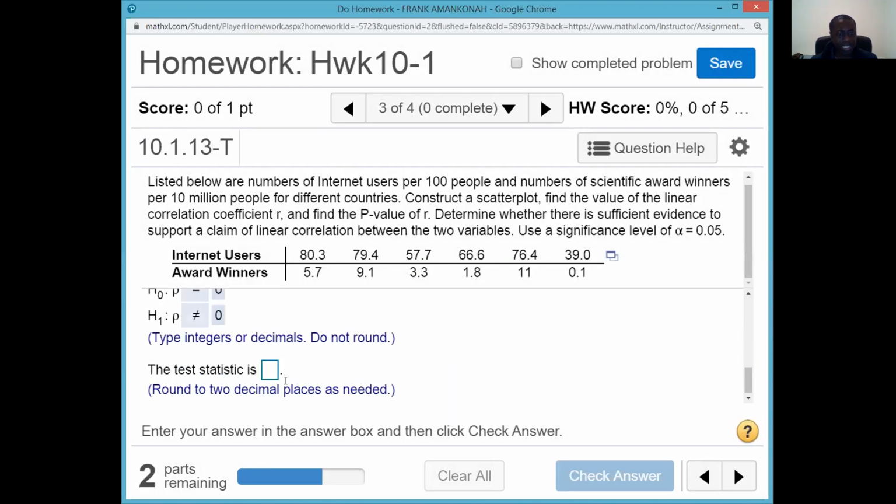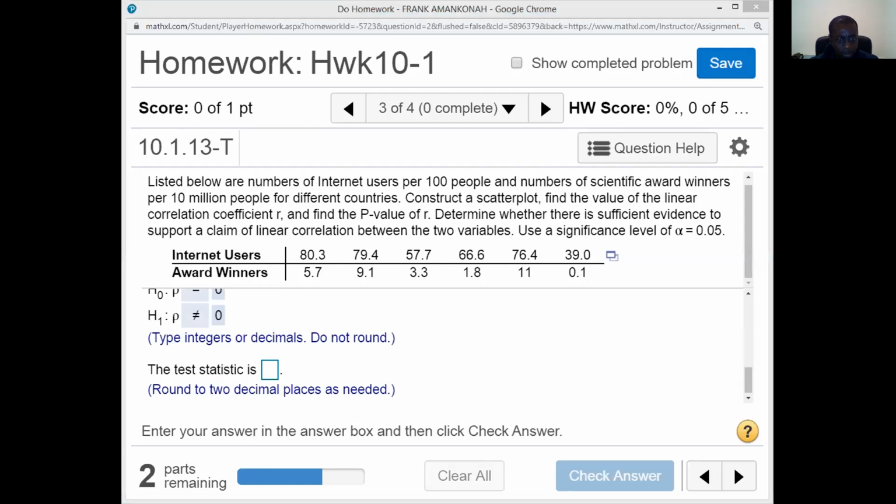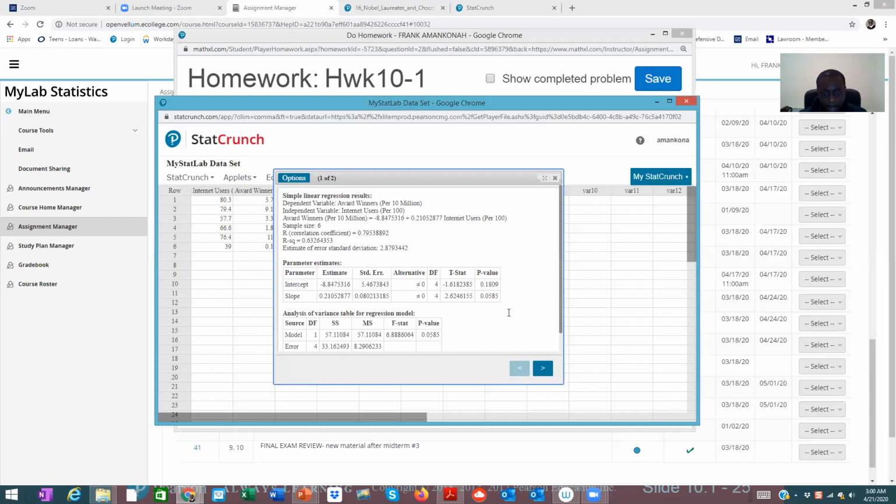Then you go to your test statistic from the output that we got. It is 2.625 to 3 decimal places, or 2.62 if it's 2 decimal places.